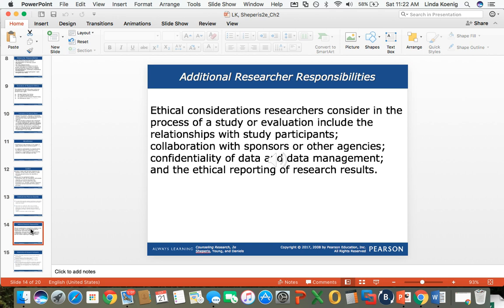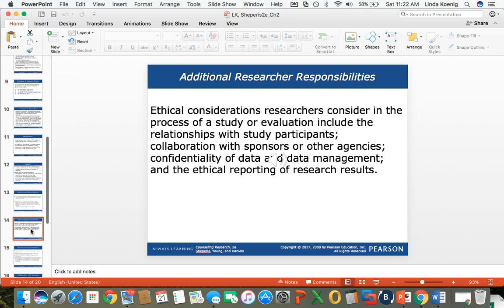And then the confidentiality of our data and our data management, especially if it is a collaborative relationship, because if we have 2 or 3 agencies or institutions involved in a research project, who then owns the data once it's over? Who's responsible for managing that and protecting it? And then, of course, ethically reporting our research results.